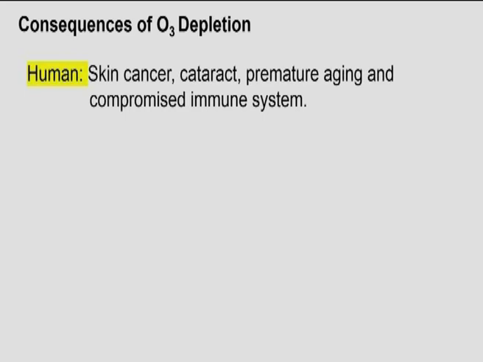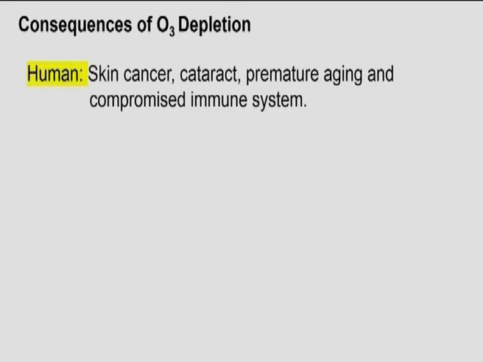These are not only due to ingestion of chemicals from the environment or due to our exposure to other harmful elements. It can also be caused by UV rays. When ozone depletion takes place, UV rays can enter the atmosphere and reach the Earth's surface. So, this is one of the major negative consequences of ozone depletion.